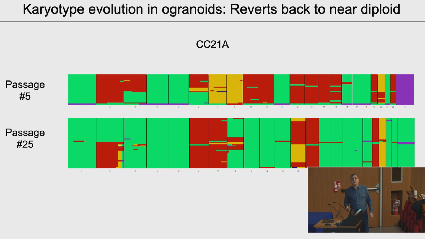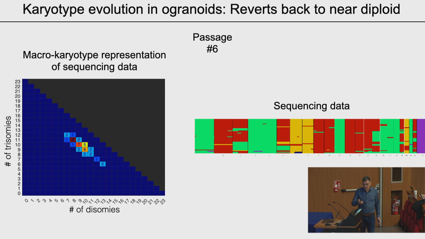Here, I would like now to analyze this data not only by showing the way they represent the sequencing data by these colors, but also I would like to show you how this data looks in the macrokaryotype representation. And you can see them, they are mainly here in this cloud.